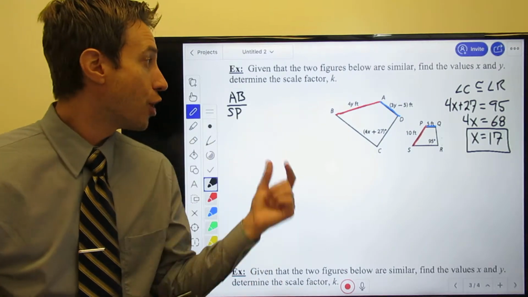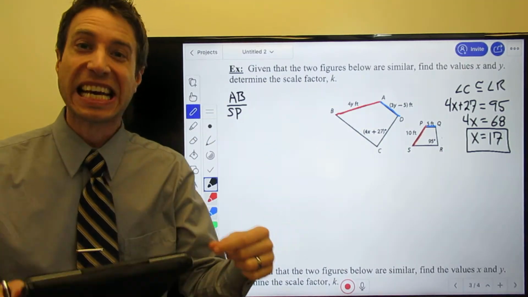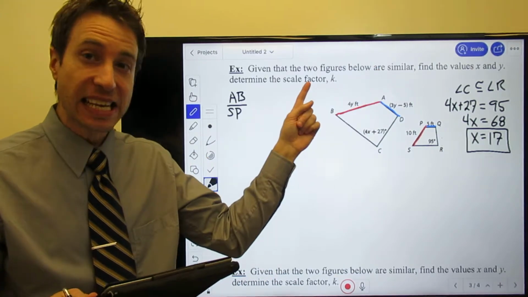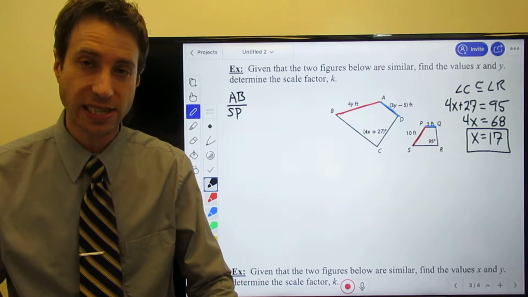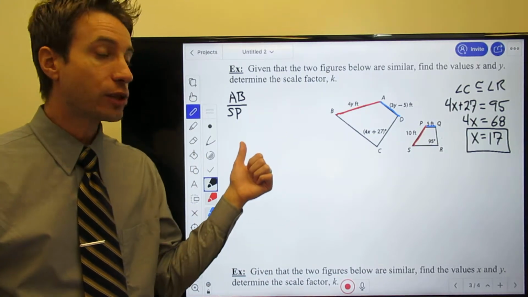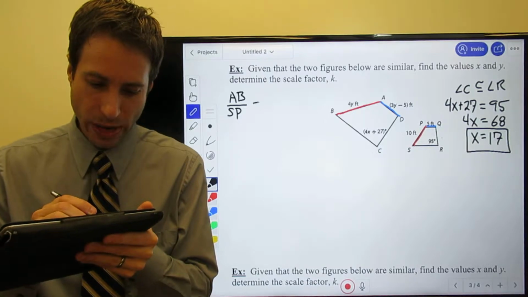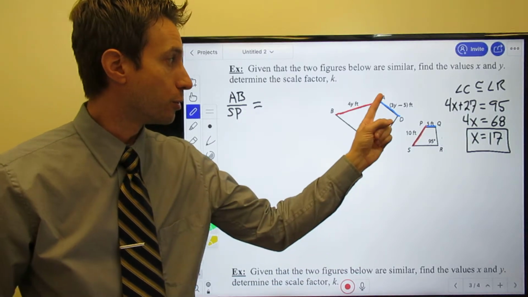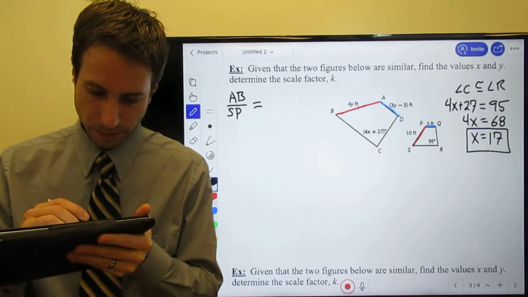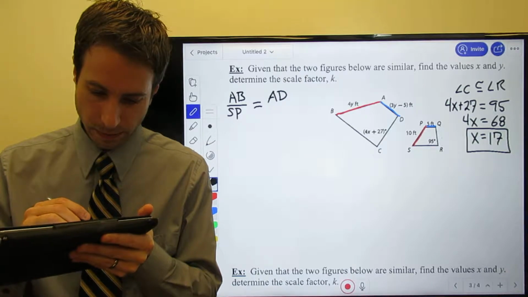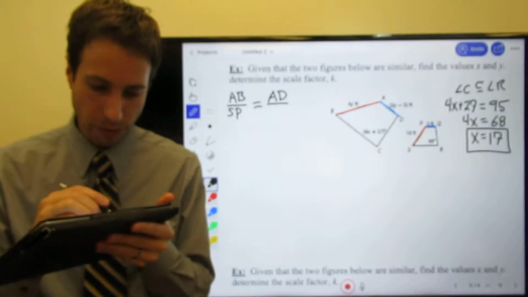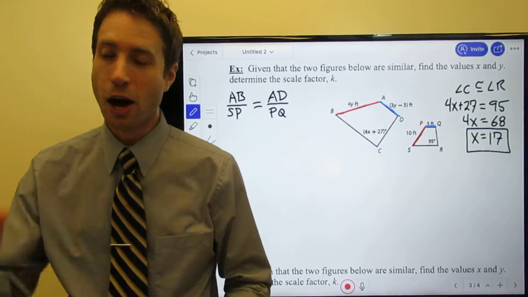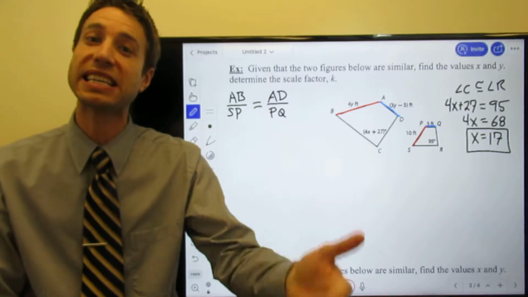I know that whatever that ratio is, they're similar figures. That means that there is a scale factor. All of those ratios are the same. So we're going to set them equal to each other. This ratio, AB over SP, must be equal to AD over PQ. If I have a scale factor K, all those ratios come out to be equal to the exact same thing.